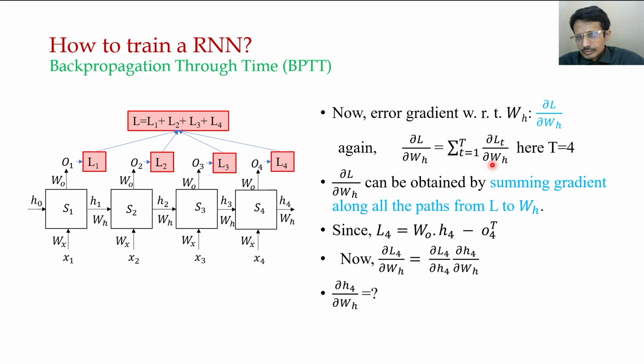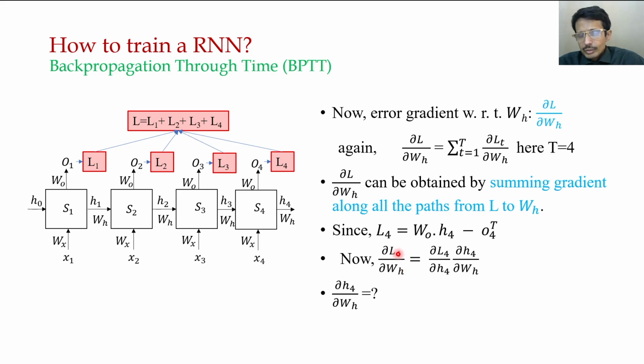Now take this one, how we find del L4 / del Wh, because if we find L4, we can get L3, L2, L1 and so on. So what is L4? L4 is the difference of our predicted output and the target output. This is our predicted output, this is our target output, and this is a constant, so that's not a big issue. So what we have to get is this del L4 / del Wh.